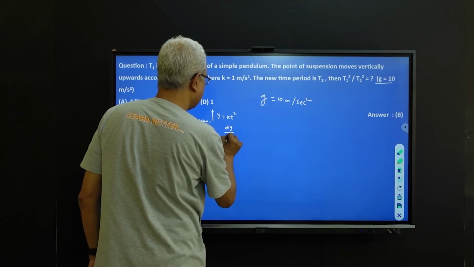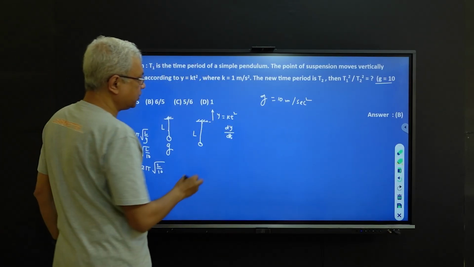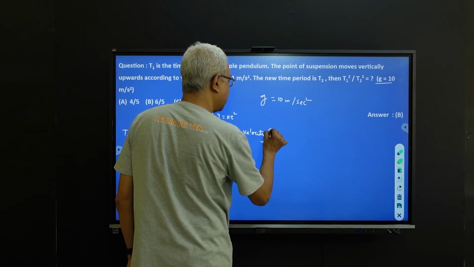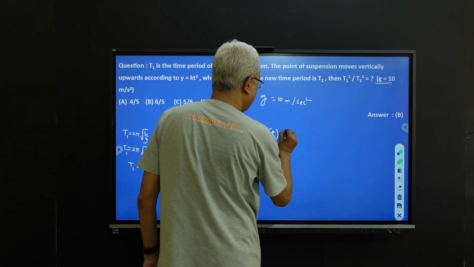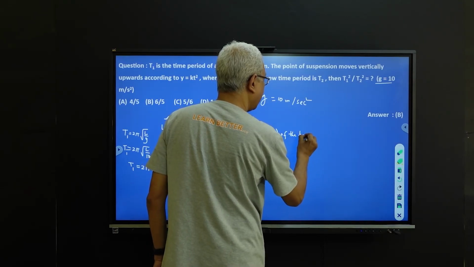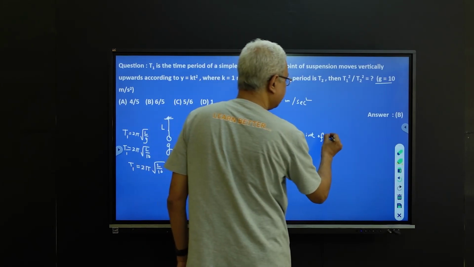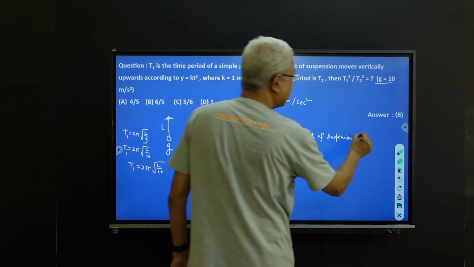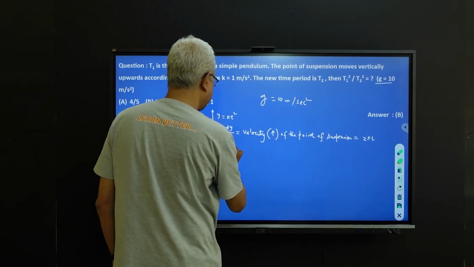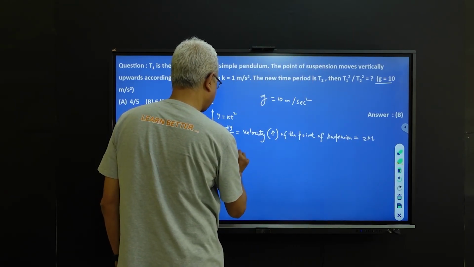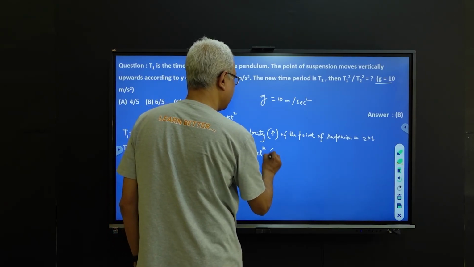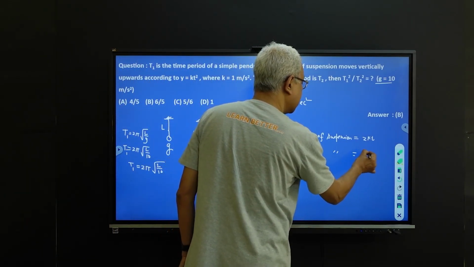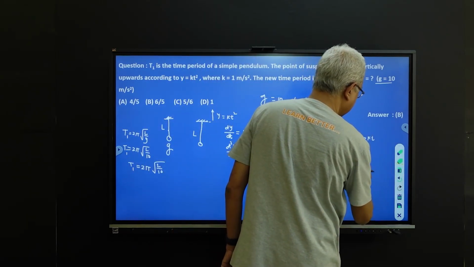So dy/dt, the upward velocity of the point of suspension, is 2kt. And d2y/dt square, the acceleration, which is also in the upward direction, is 2k.